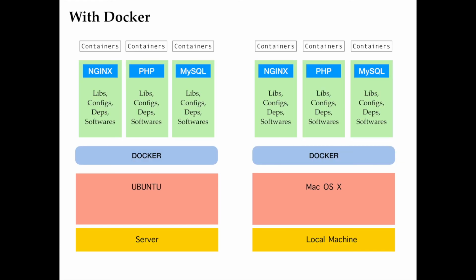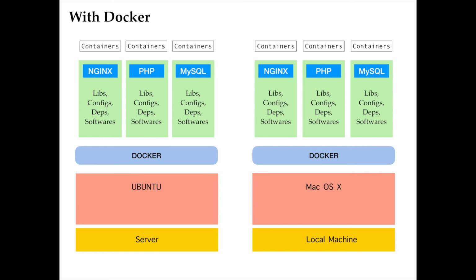With Docker, we can eliminate this issue of compatibility. That is because Docker uses the concept of containerization. Now, what is containerization? Containerization is where we can package different applications along with their dependent libraries and configurations into small packages called containers.